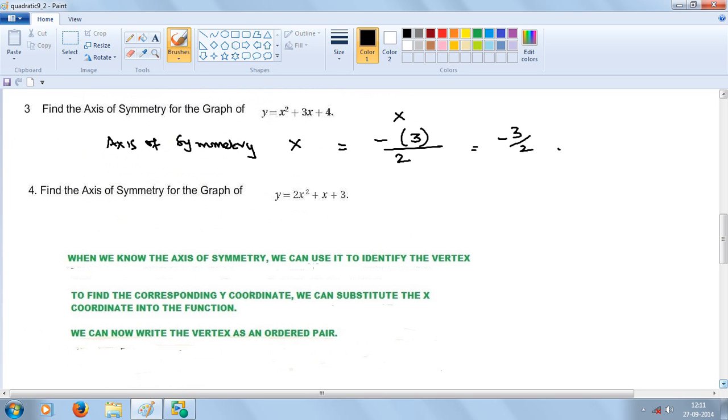The third case, next problem: what is the axis of symmetry for the graph y is equal to 2x squared plus x plus 3? The axis of symmetry is equal to minus b by 2a.